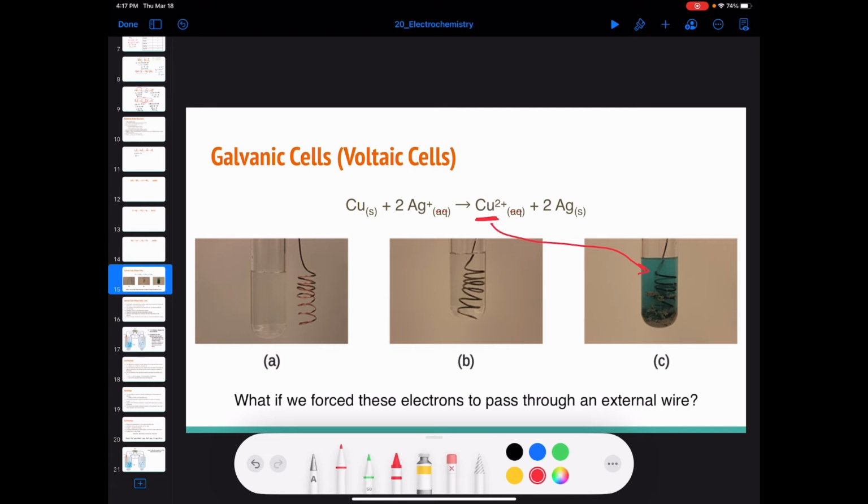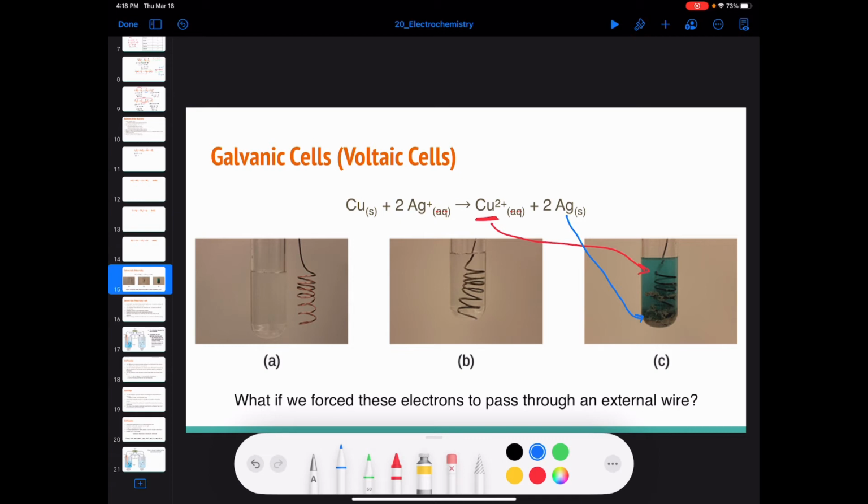But in the process, you'll also notice that silver solid starts being formed, and we're literally getting chunks of silver that are coating the wire and kind of falling down to the bottom. So that's solid silver metal. So we know that we're moving electrons from the copper to the silver, right? We're oxidizing one and reducing the other.